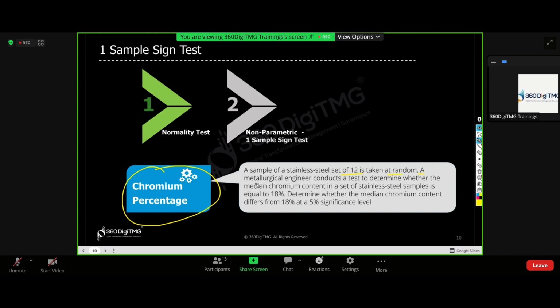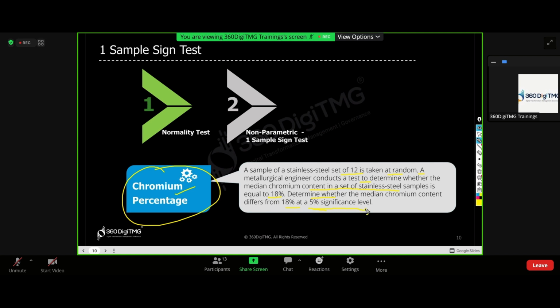And a metallurgical engineer conducts a test to determine whether the median chromium contained in a set of stainless steel sample is equal to 18% or not. Basically, we need to check the chromium percentage. And we need to identify whether this median chromium content is different from 18% at a 5% significance level.